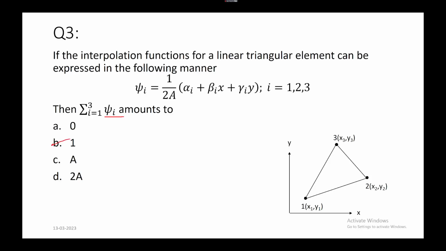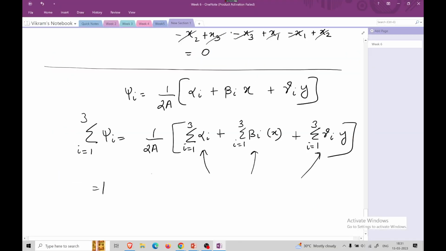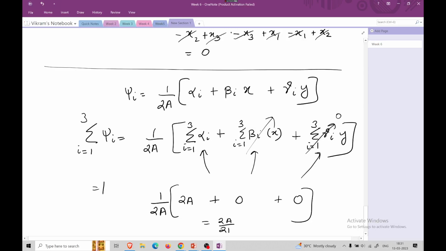So the answer is B. For the sake of clarity, I will expand again. We saw in the first question, summation of alpha I was 2a, summation of beta I becomes 0, so this term vanishes, and similarly this also vanishes because summation of gamma I is 0. So it is 2a by 2a, and my answer is 1.